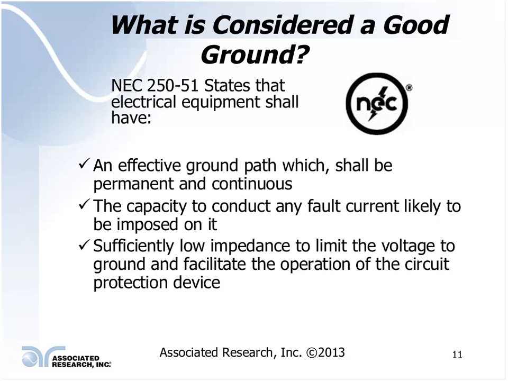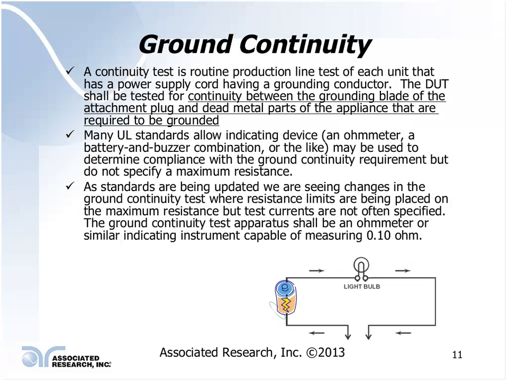And it's got to have a low enough impedance to allow enough current to flow to let the fuse or circuit breaker blow. Okay. If we're talking about a 115 volt product, let's just use an example.